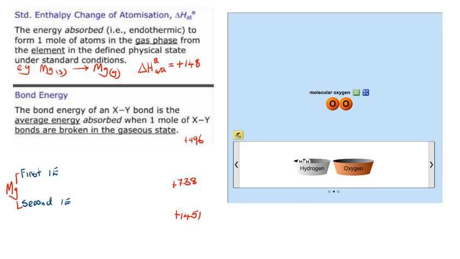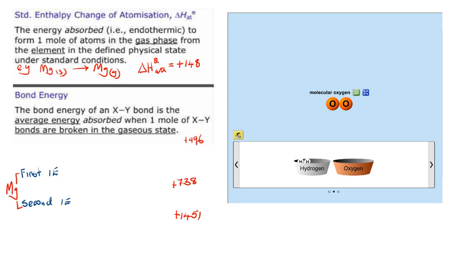For example, in this case, magnesium is a solid at 25 degrees Celsius and 1 atmosphere. So we are converting solid magnesium to one mole of magnesium atoms in gaseous state. So energy is supplied, and we need 148 kilojoules per mole.